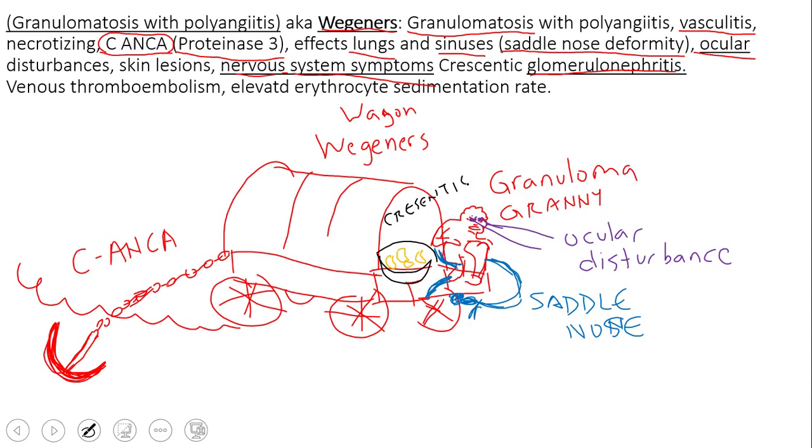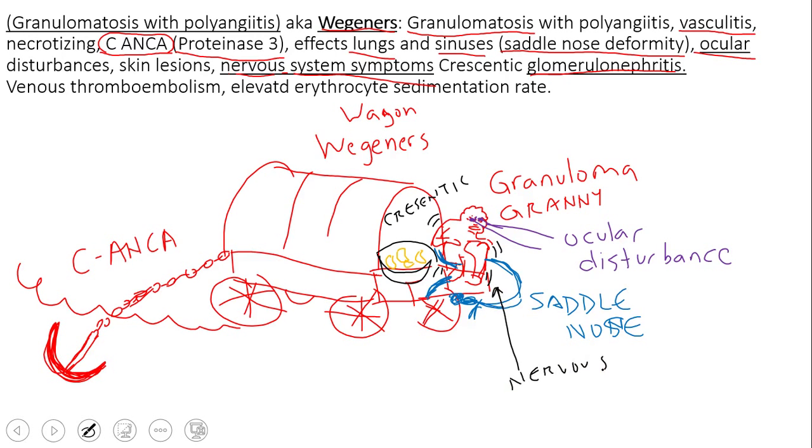Crescentic. Nervous system, okay, so how am I going to do that? Maybe I'll have her be all shaky. She's all shaky because she's nervous. And yeah, that's pretty much most of them.